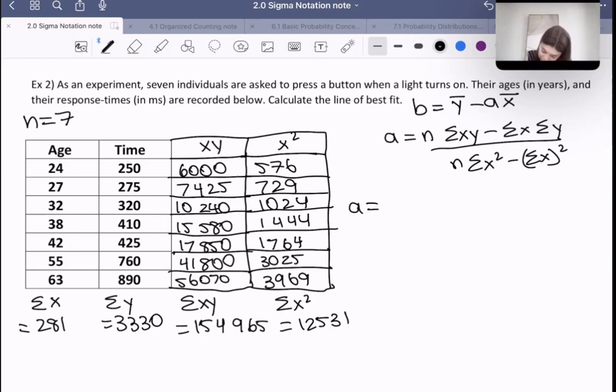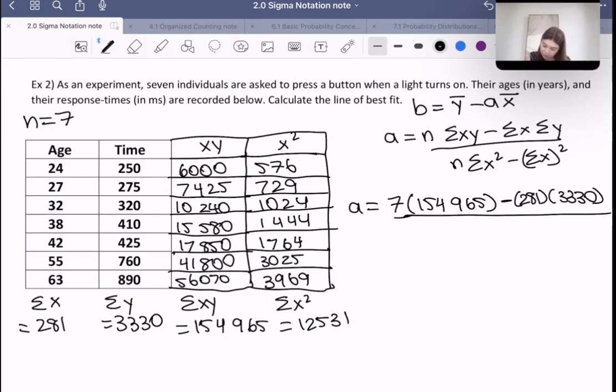So A would be equal to 7 times the sum of xy, which we already calculated. We said that was 154,965, minus the sum of x times the sum of y. So minus 281 times 3330, over n, which is 7, times the sum of x squared.